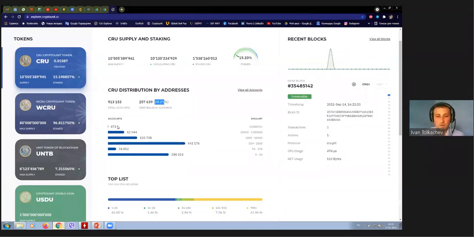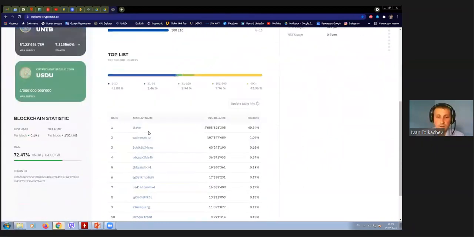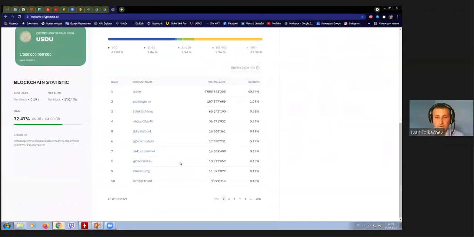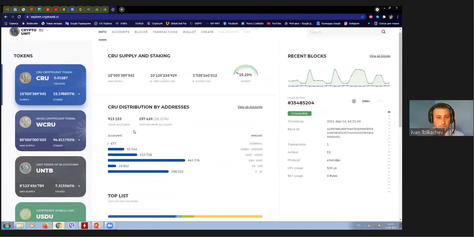So how many accounts hold this number of CRUs? 1,673 accounts hold over 1 million tokens. And we have top lists of 500 accounts with the largest number of these tokens. These are those accounts with the maximum number of CRU tokens.